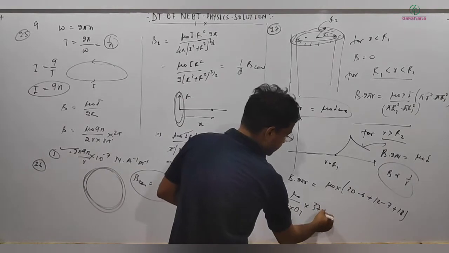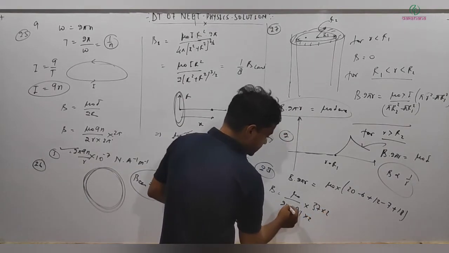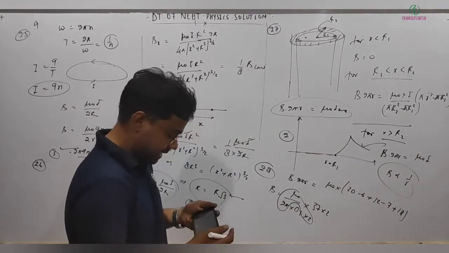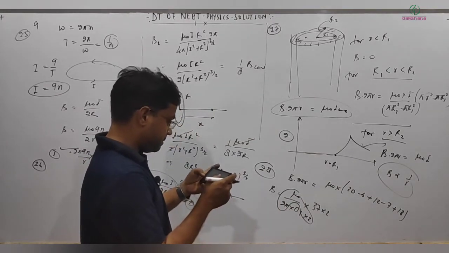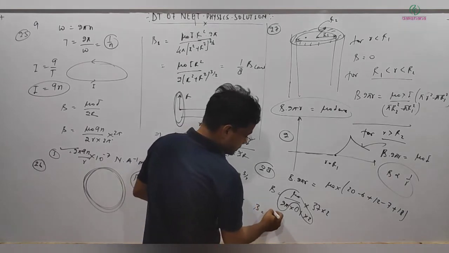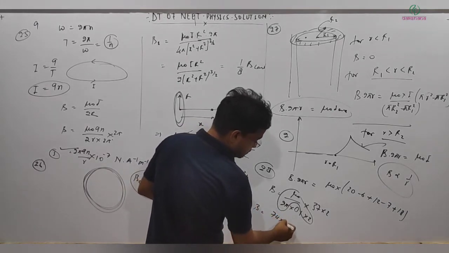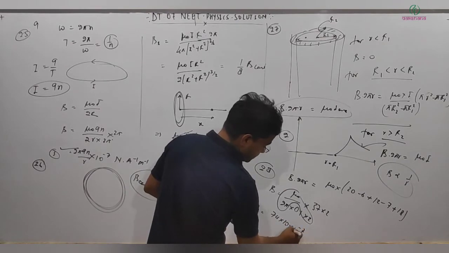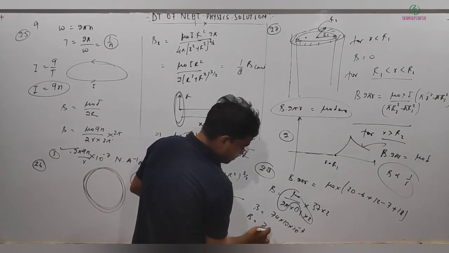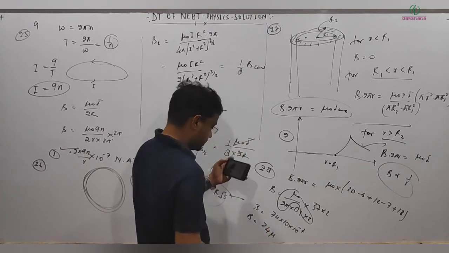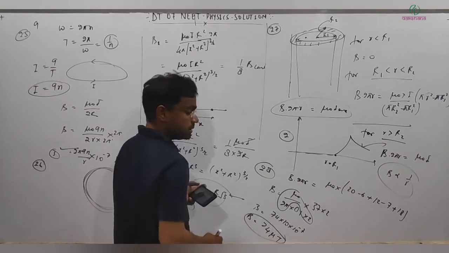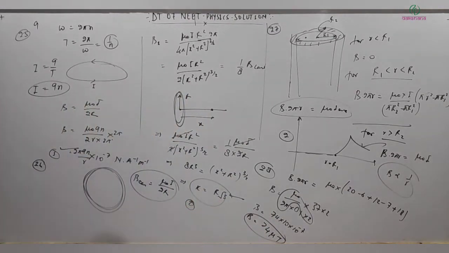If I multiply it by 2 divided by 2, then this is mu naught by 4 pi, which is 10 to the power minus 7. Then simplifying with 0.1, B is coming out to be 74 into 10 to the power minus 7, that is B equal to 74 micro Tesla. That will be the answer to problem number 28.